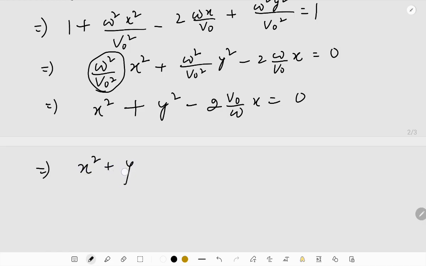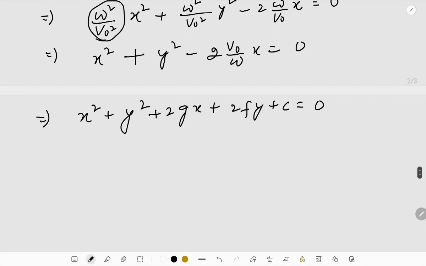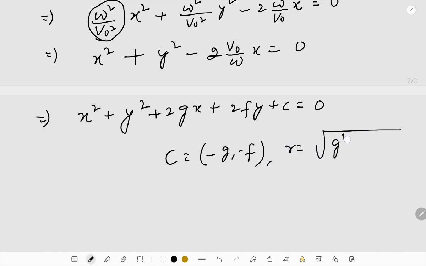You can remember from your text, this is x square plus y square plus 2gx plus 2fy plus c equal to 0. The center of that circle will be (minus g, minus f), and the radius of the circle you can simply write as under root g square plus f square minus c.